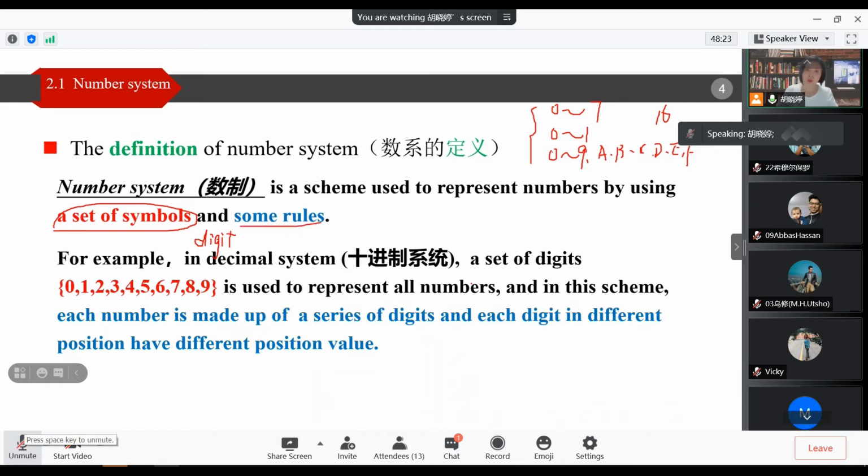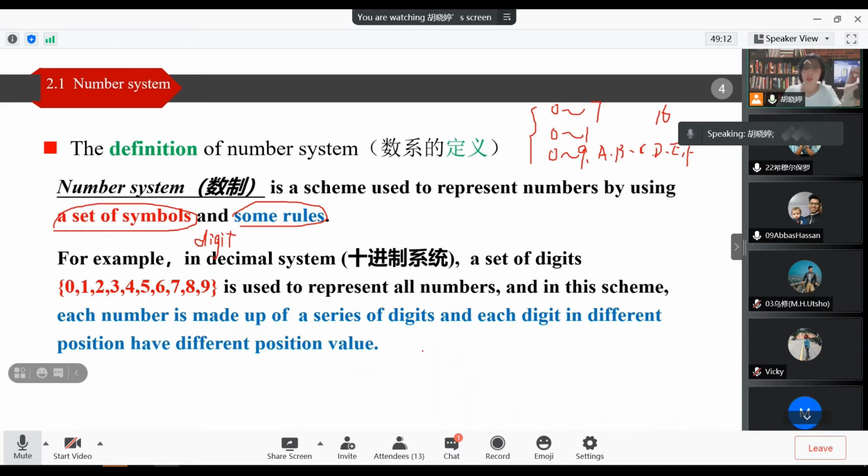For example, in the decimal system, to represent a number we need to generate a carry when the sum is larger than 9.